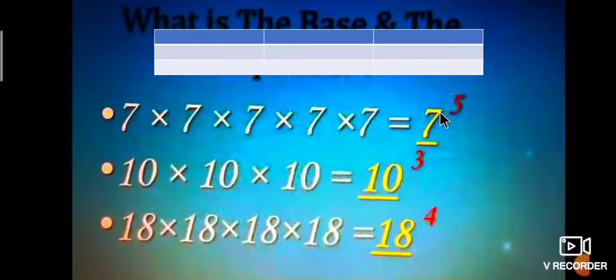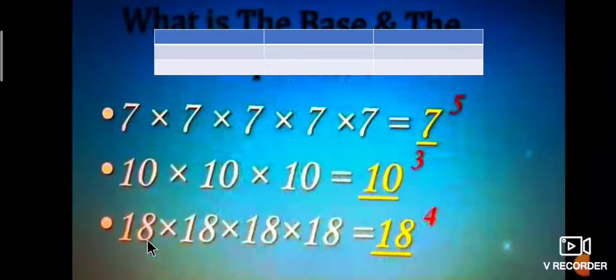In this one, 7 is called the base, 5 is called the power. Similarly, 10 into 10 into 10 is equal to the standard form 10 cube. In this 10 cube, 3 is called the power, 10 is called the base.